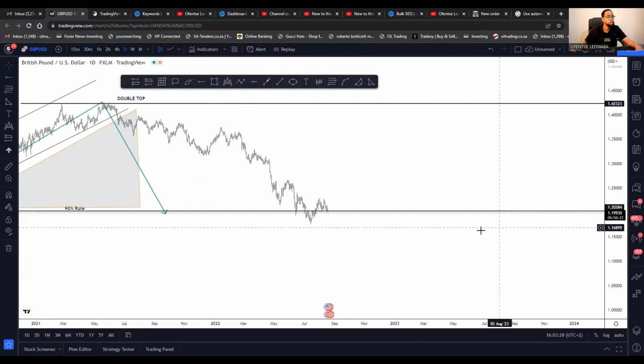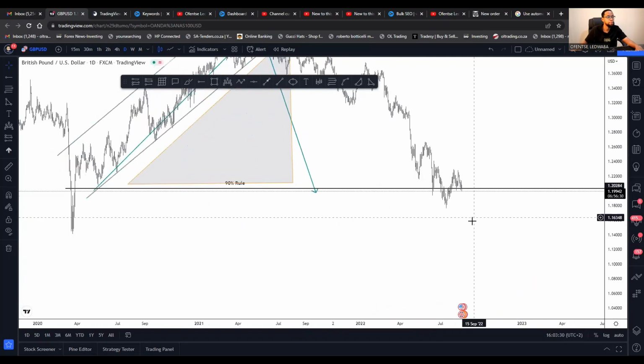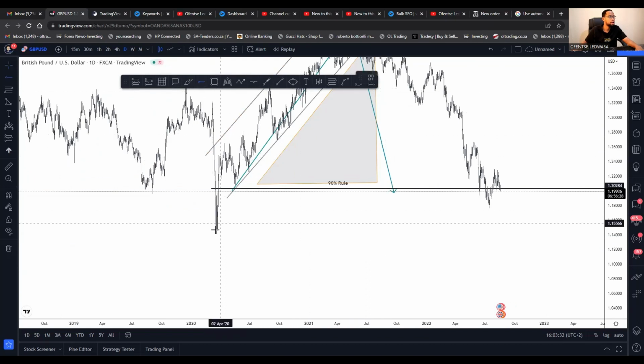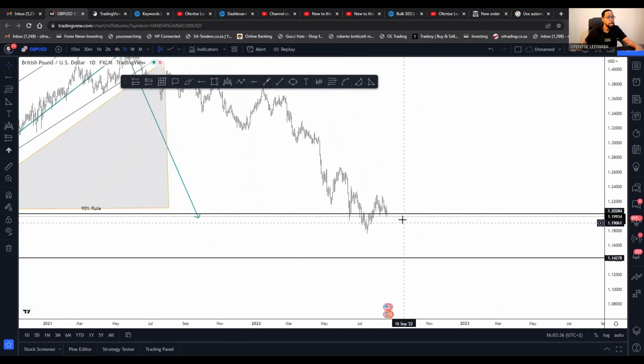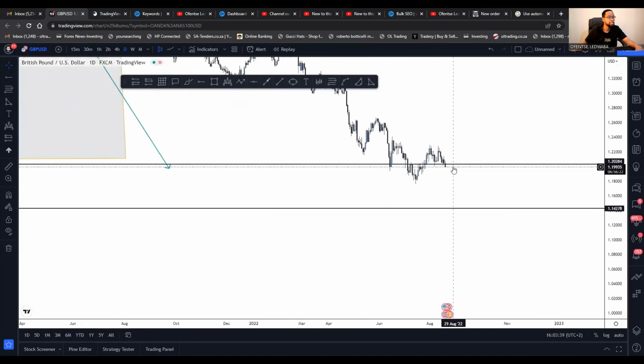And here we can also see, by me looking at this, my lowest point was this one. You see the market is breaking this. Should this daily candle close below here, we are definitely continuing further to the downside.